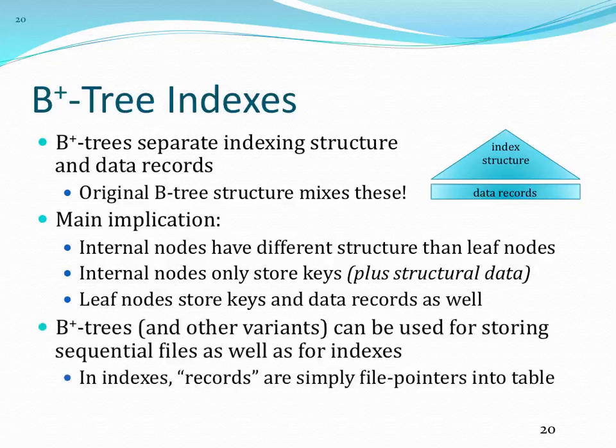B plus trees can be used for storing sequential data files, like tuple files, as well as indexes. And that's part of the reason why NanoDB was laying on the operating table with its chest open for the last 9 months, because I was making that change to the database system internally.